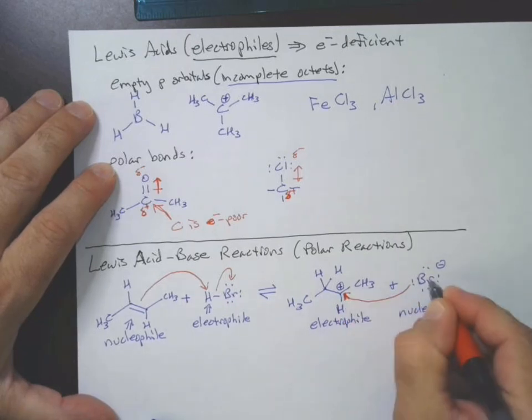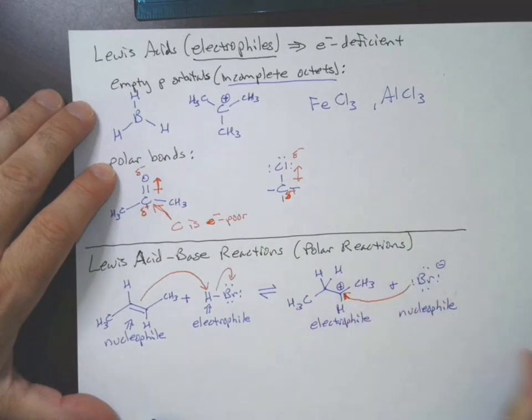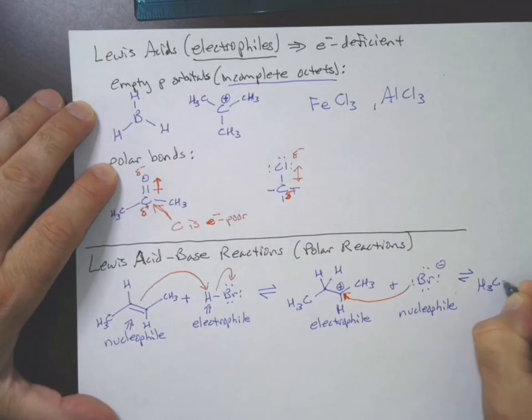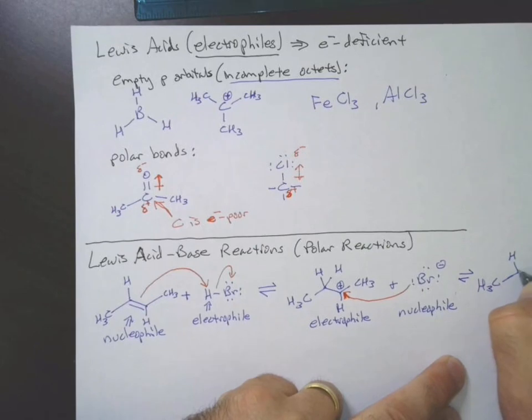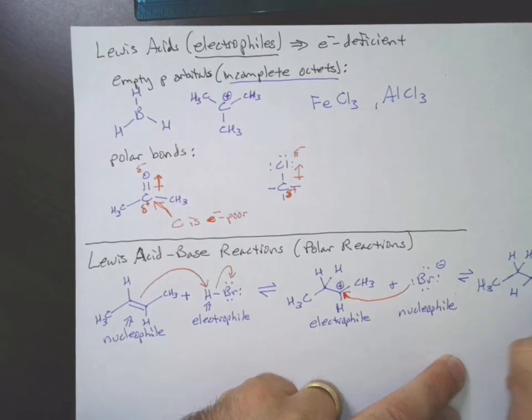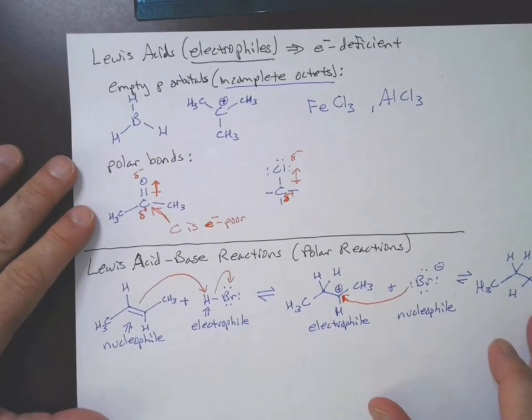So they're flowing from the bromine, so we start them at the lone pair, and they end at that carbon nucleus, the electrophile. And then that gives us our final product here. And now we've got our 2-bromobutane.